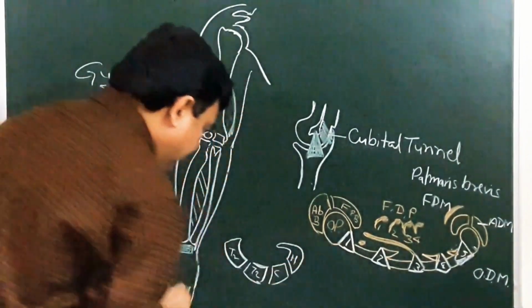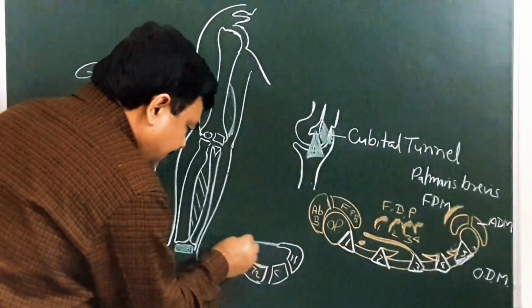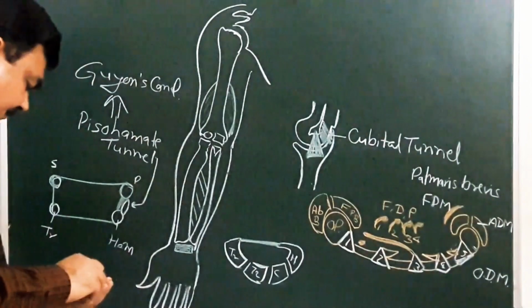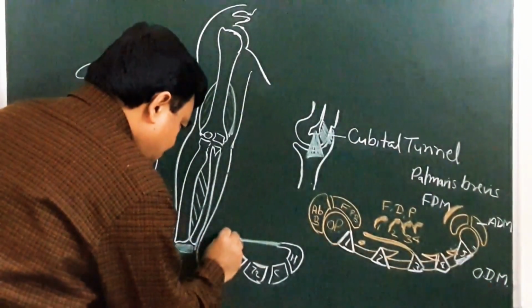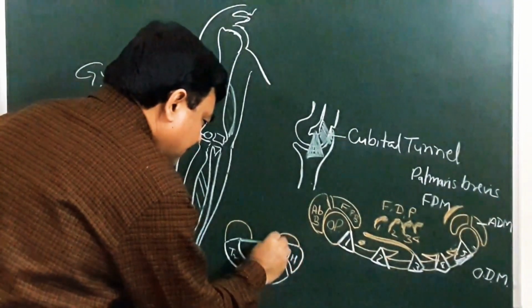This is the flexor retinaculum, this is the thenar eminence, and here is the hypothenar eminence.